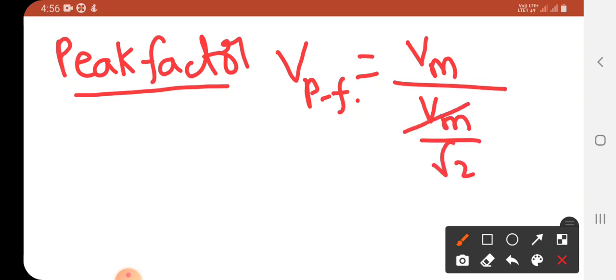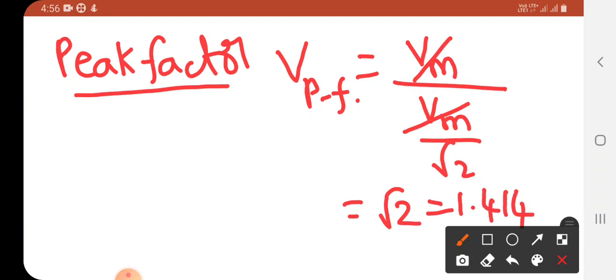So the Vm gets cancelled, hence it is root 2, which is 1.414. So you may get the question: show that the peak factor of a sinusoidal quantity is root 2. Then how can you do it?